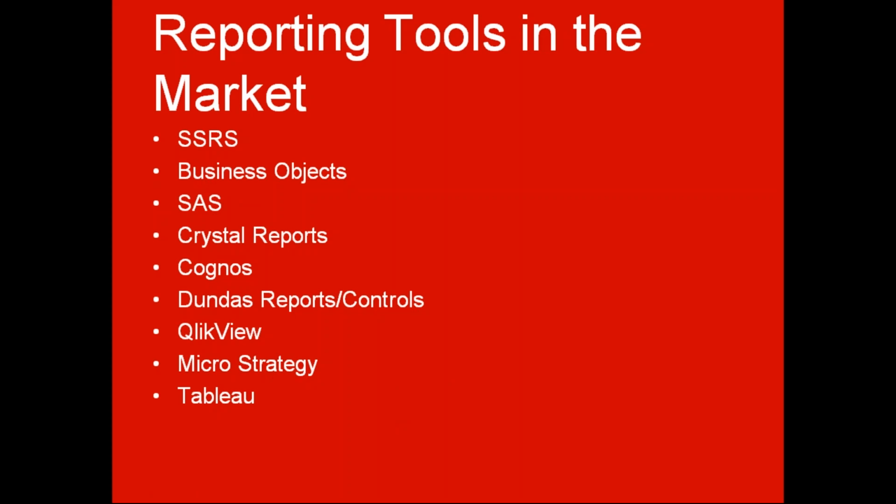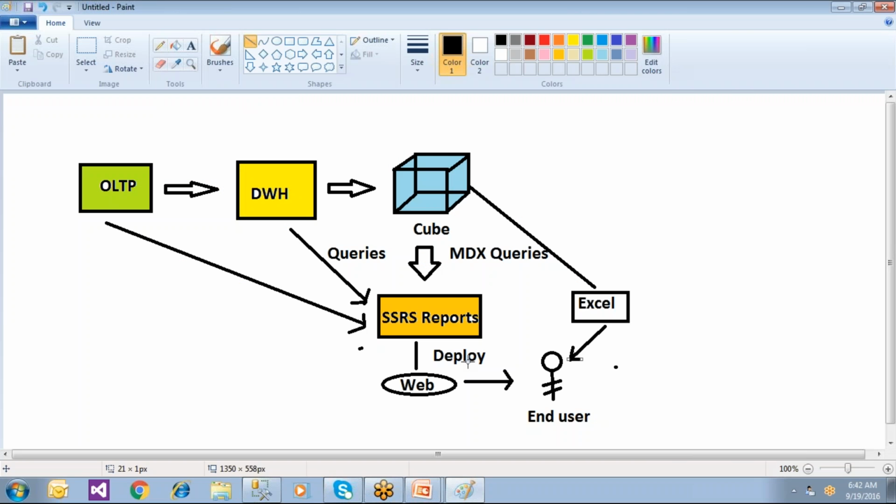If anybody is talking about reporting, you have to understand only one thing: a report by itself does not have data. So reporting services have to connect to an OLTP system, or to a data warehouse system, or to one of these systems, and get the data. And reporting means they have to implement presentation logic only.